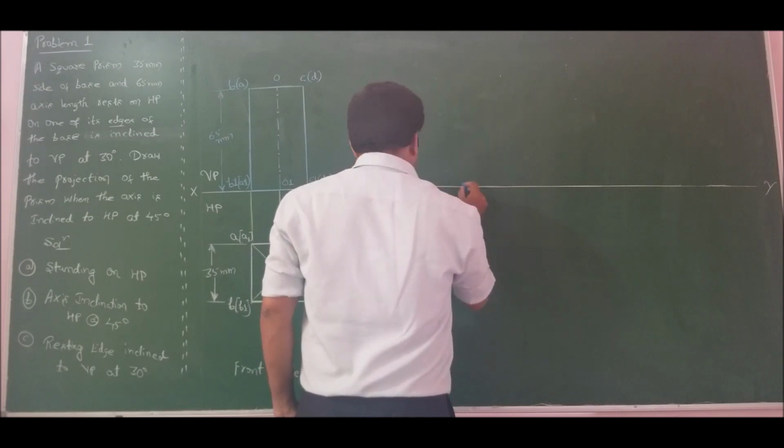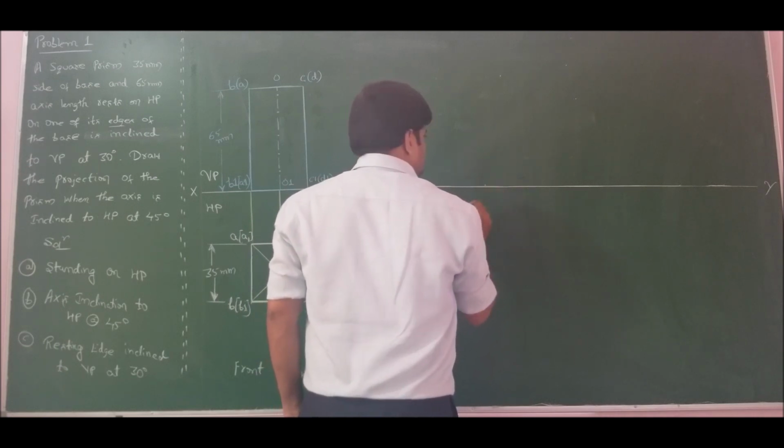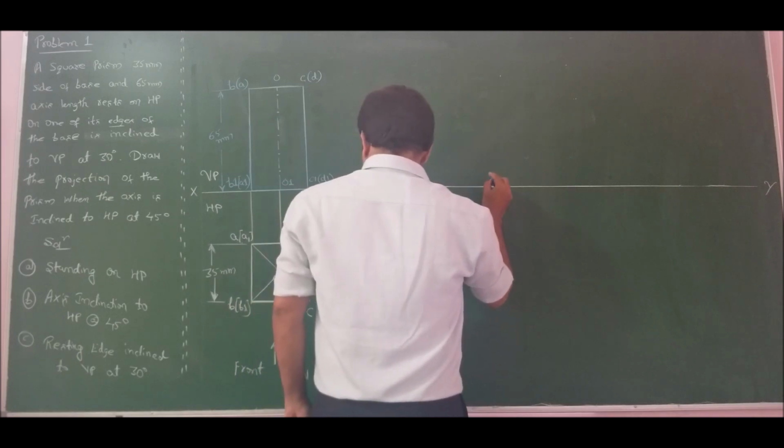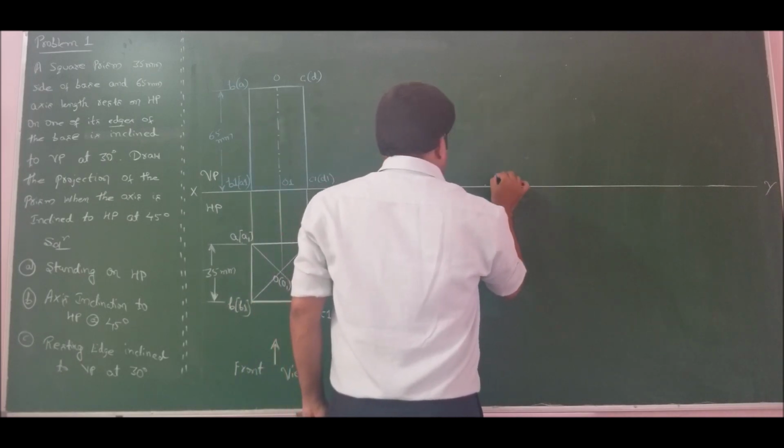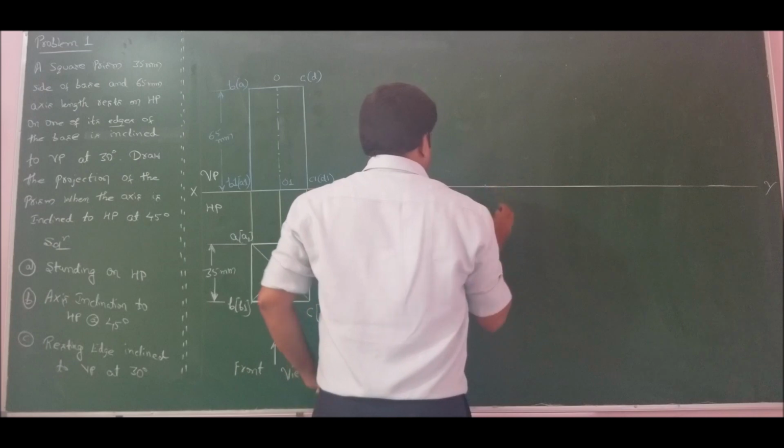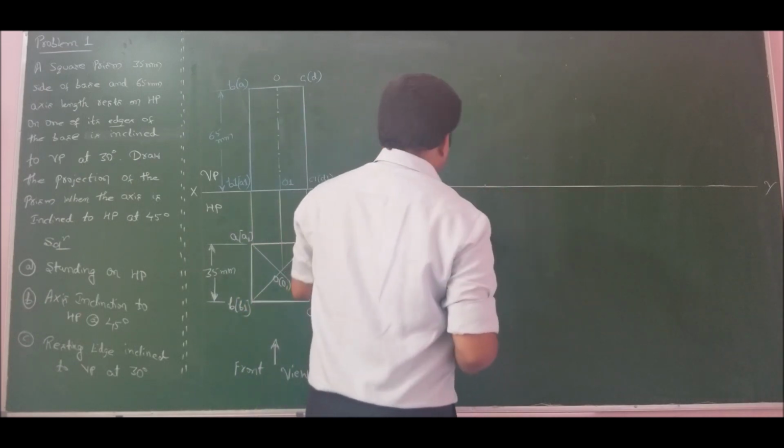Now let us mark the base as C1, D1, which is inclined at an angle of 45 degree.